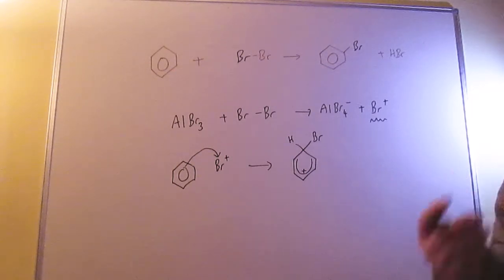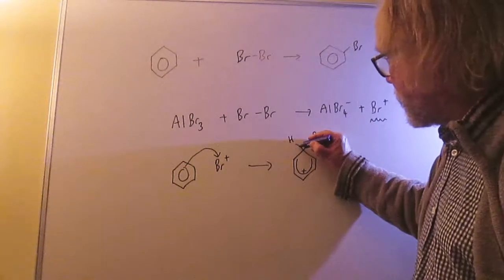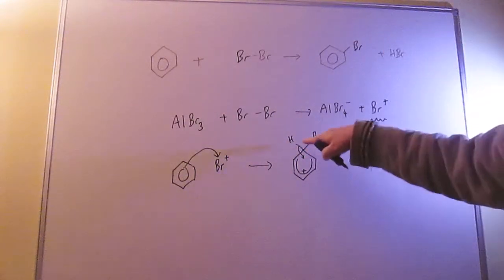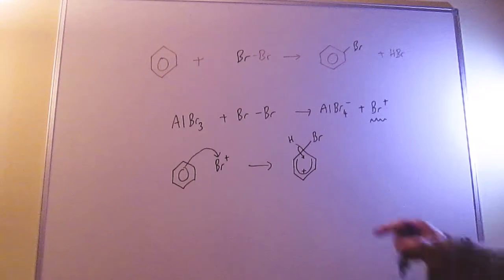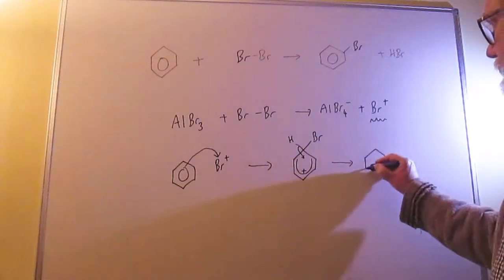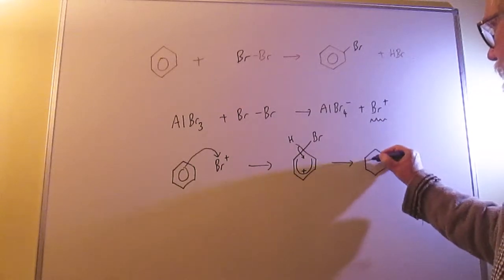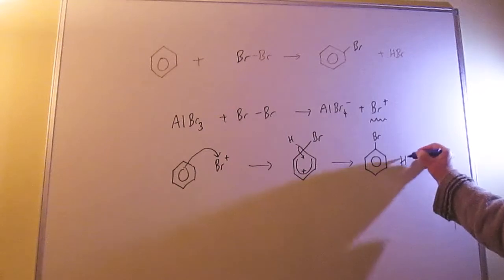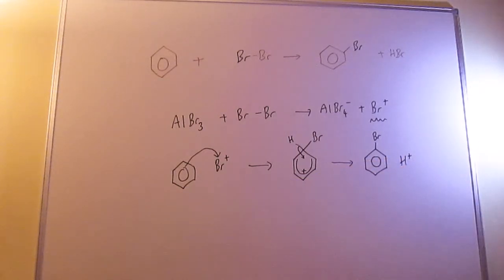And because it wants to get back to being aromatic again, it grabs that pair of electrons from there, which spits out the hydrogen as H+, and restores the aromatic ring. So you get this, with the bromine now in place, and H+ has been eliminated.